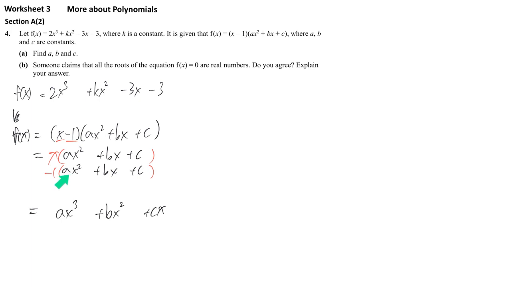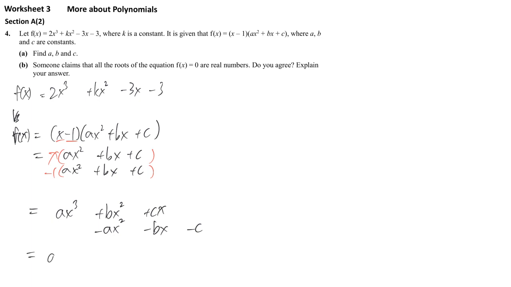And then in the second row, everything we have to times negative 1. ax^2 times negative 1 is negative ax^2, but I won't write it below because I want to use the same column to identify the like terms. So I write down negative ax^2, negative bx, negative c.